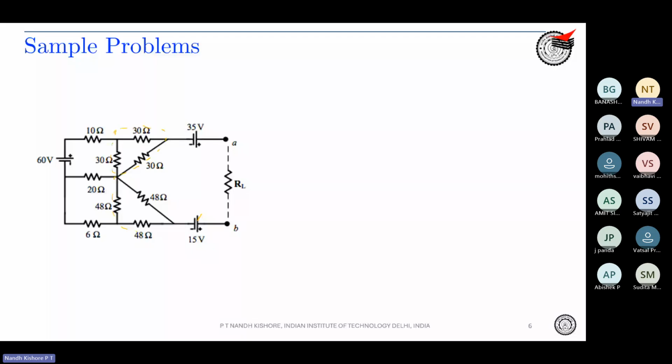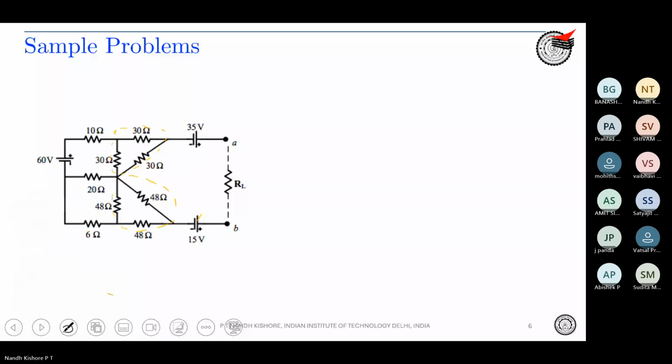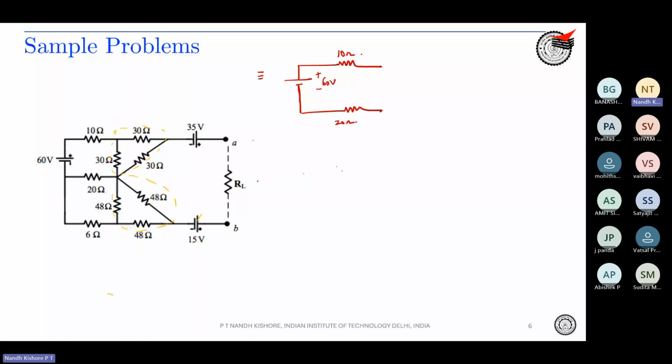So I can just directly write this: 60 volts, 10 ohm, 20 ohm.